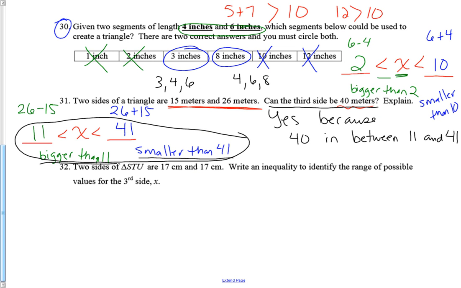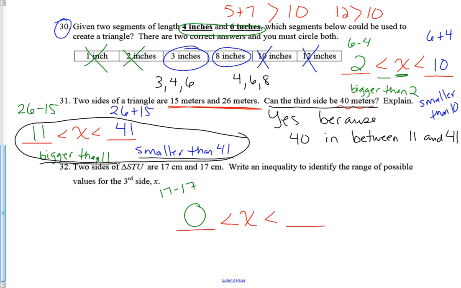Number 32, we have two sides of a triangle are 17 and 17. Write an inequality to identify the range of possible values for the third side, x. So we have this situation going on again. Starting with the first value, I would subtract 17 minus 17 and get a 0. Now, this is actually okay.